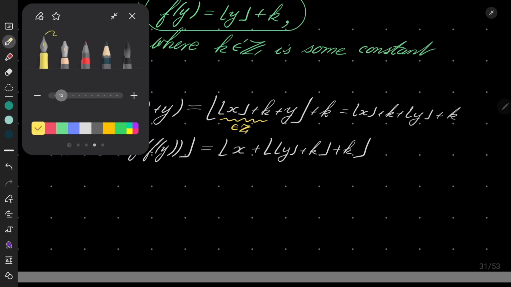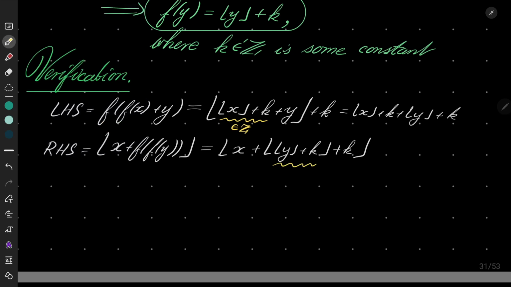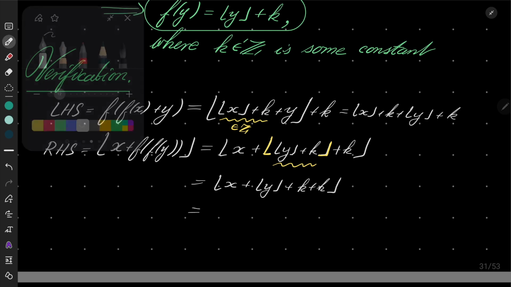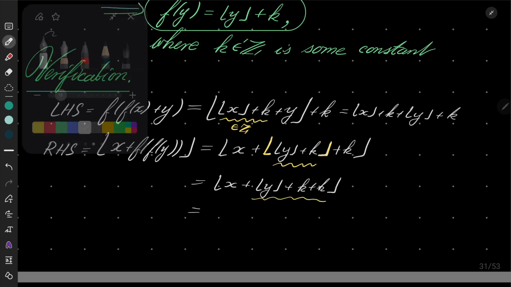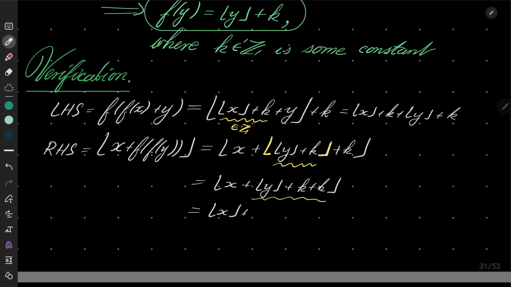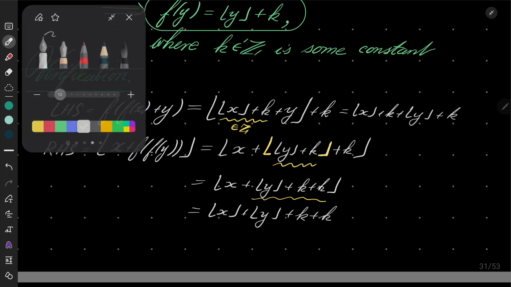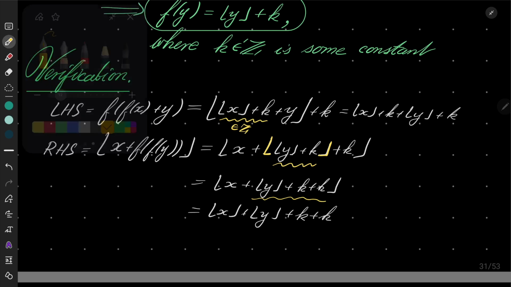First of all, this is an integer, so these floors are not necessary. So we have floor of x plus floor of y plus k. Again, this entire business right here, it's again an integer, so it's floor of x plus floor of y plus k. And we see that it's exactly the same.